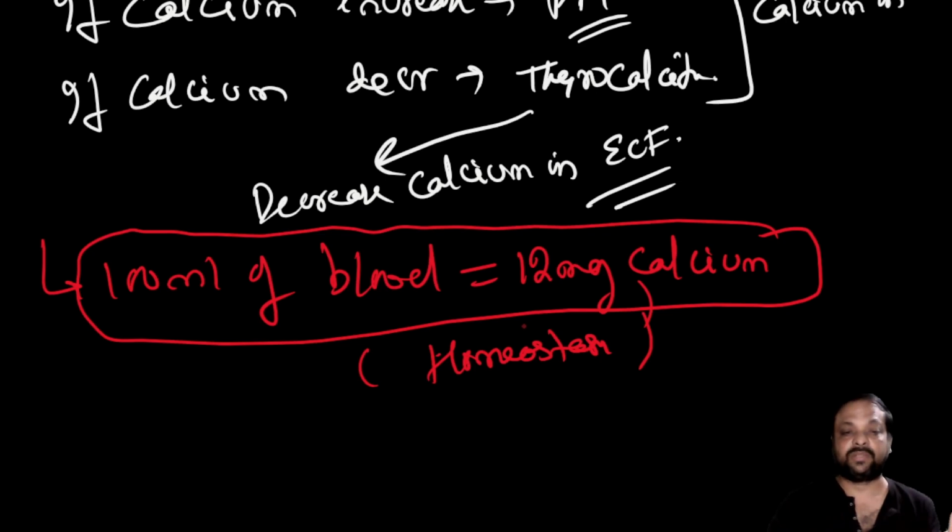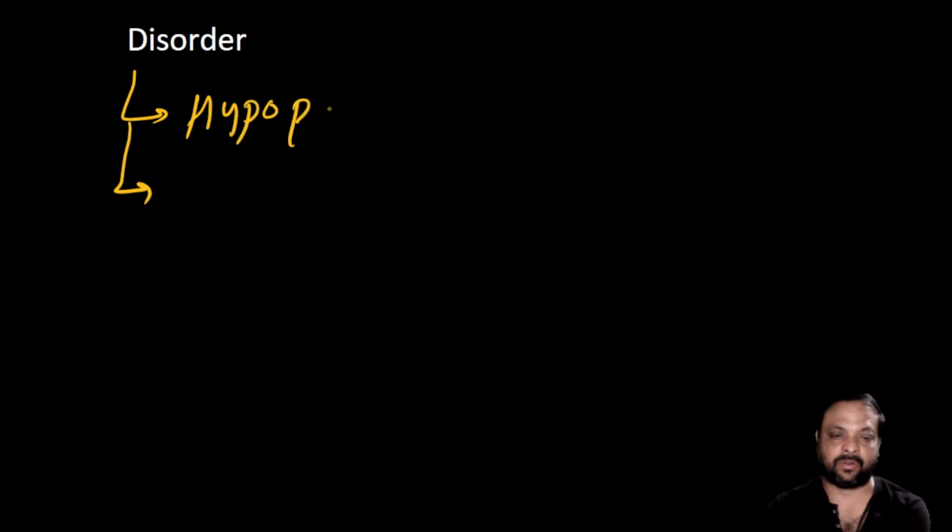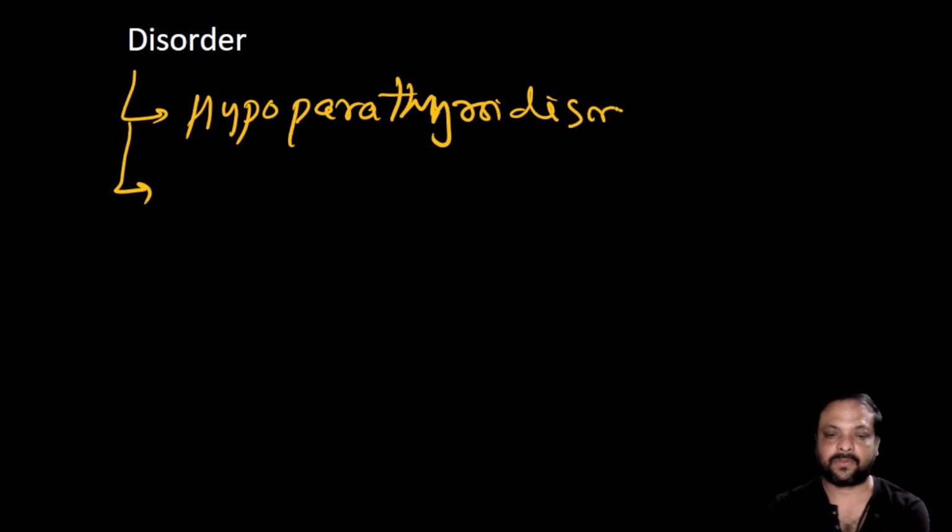Okay, now move to the last section, which is the disorders. Let's discuss the disorders. Normally for parathormone, we have two types of disorder. One is called hypoparathyroidism.